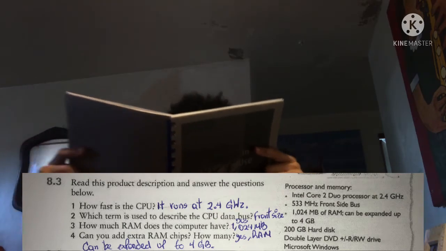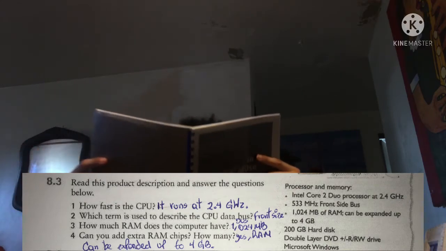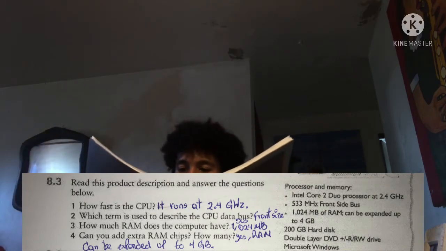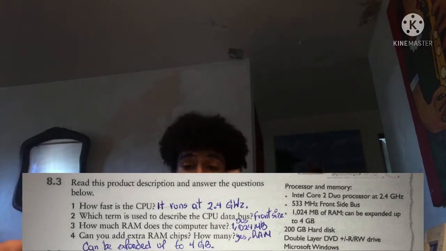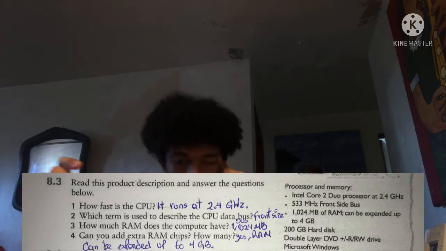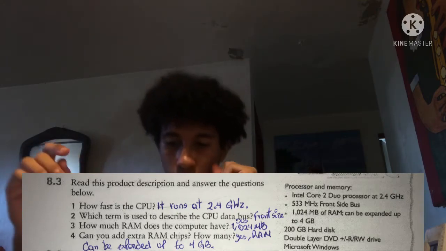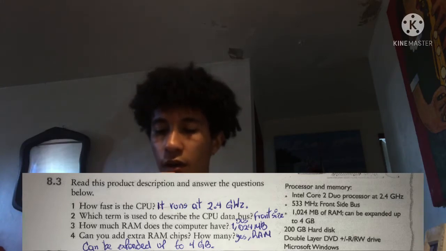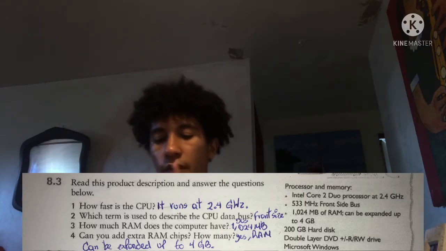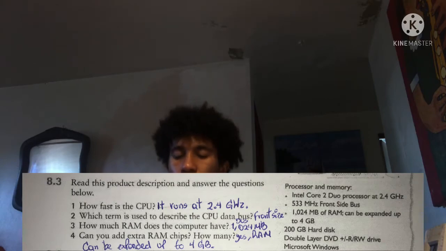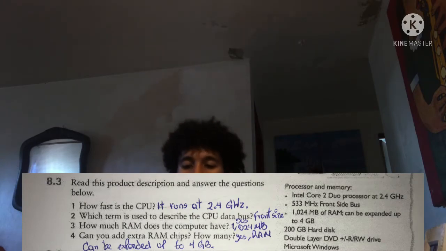How much RAM does the computer have? 1024 megabytes. 4. Can you add extra RAM chips? How many? Yes, RAM can be expanded up to 4 gigabytes.